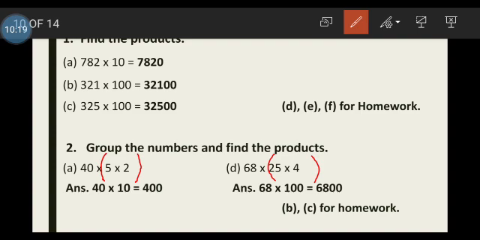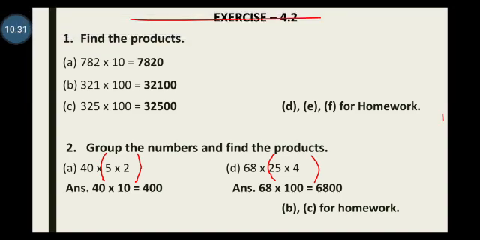You will get 100. Then I multiply 68 by 100 and I get 6800 as my answer. 2 questions as homework.